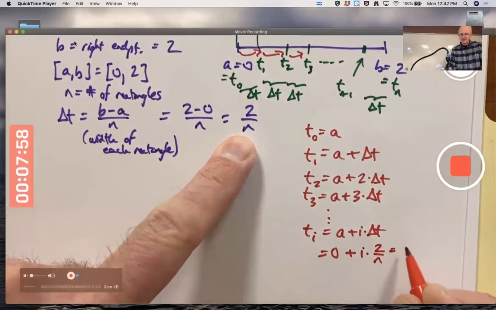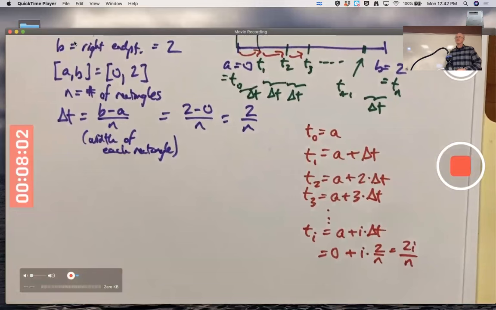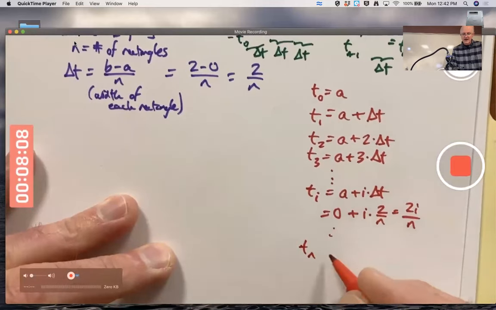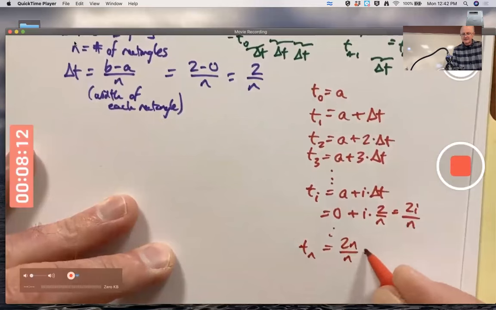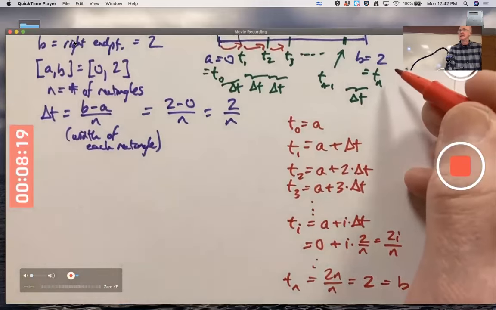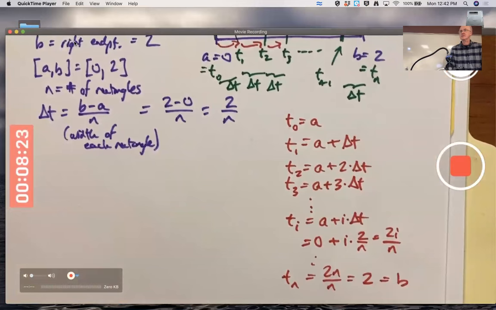And this simplifies to 2i over n. The last one, t sub n, when i gets replaced by n in this formula, you get 2n over n, and the n's cancel, leaving you with 2, which is what b is. I already knew that had to happen. I said b was going to be what tn is, but it's nice to see that it works out with the formula.